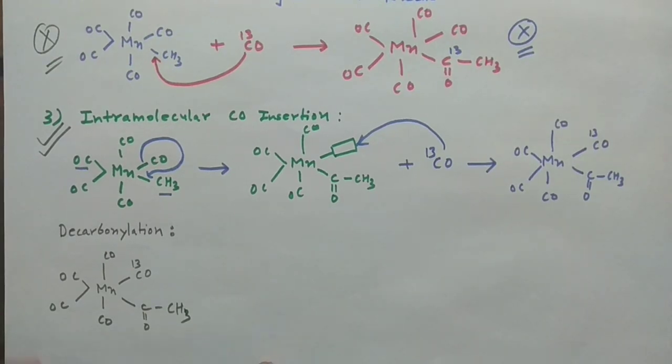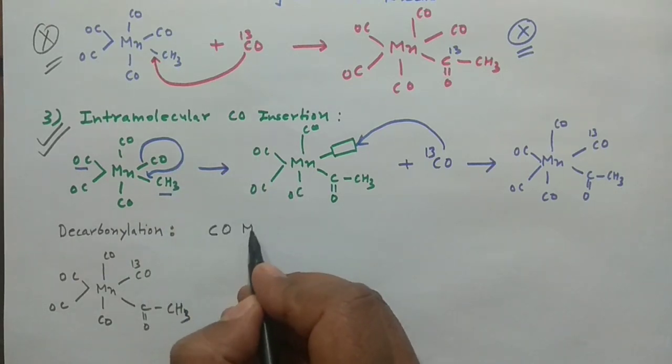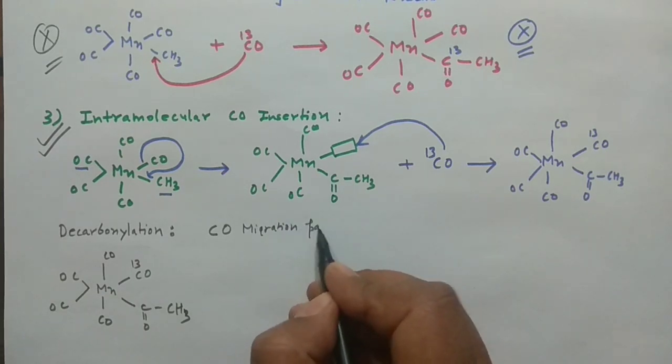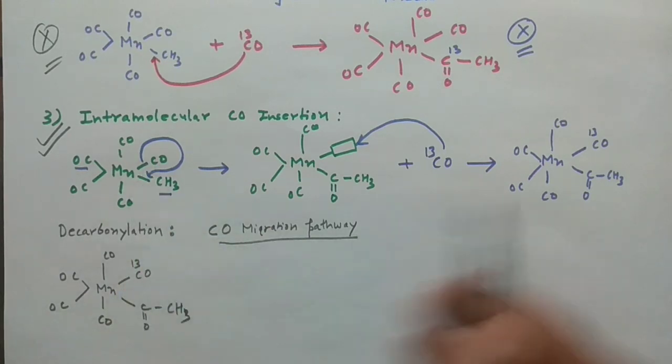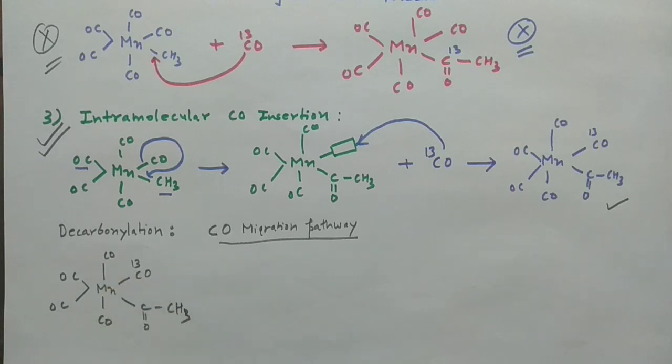Now you see what path I am taking. I am taking this particular CO migration pathway. That means I will migrate this CO. I am starting with this particular product, because I am doing the decarbonylation.